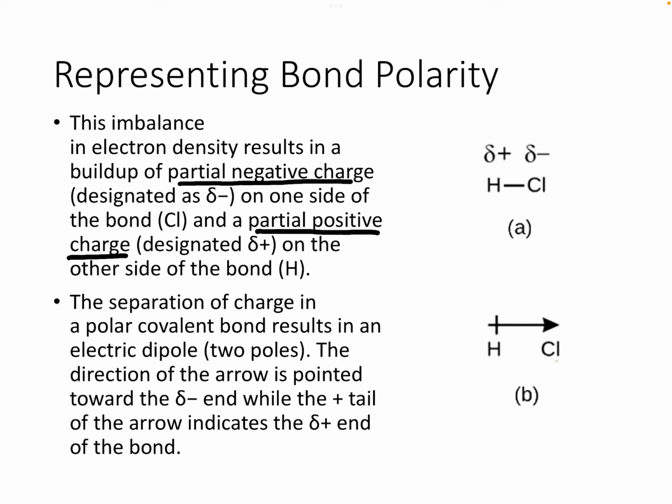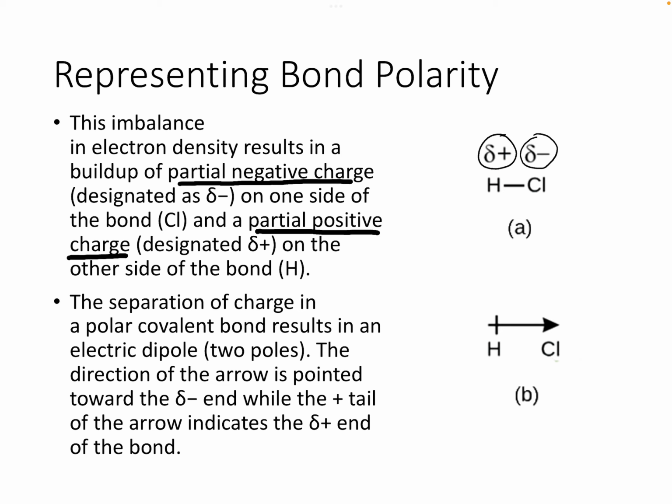And if they're not hanging out with hydrogen as often, that means hydrogen doesn't have as much negative charge on its side of the molecule, so it has more of a positive charge. So we indicate partial negative and partial positive charges with these little delta symbols here and here. And then we put a positive or negative next to it to indicate what that partial charge is.